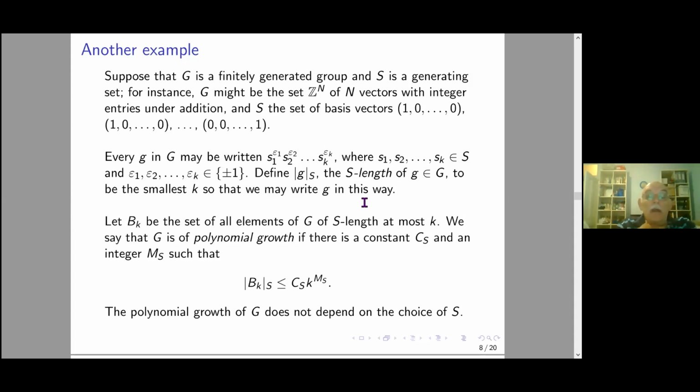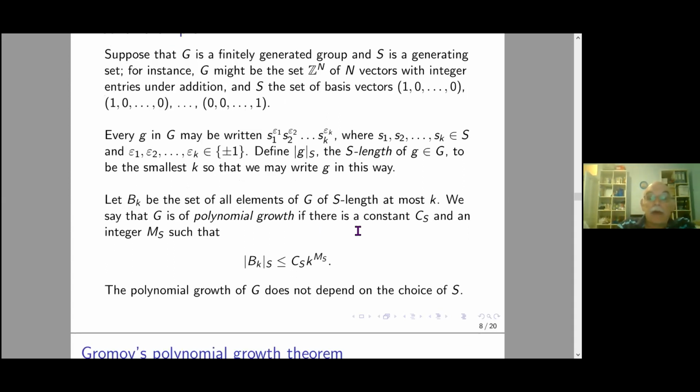So if I take the collection of all of the elements of G of length at most k, then I can think of that as being like a ball with center at the identity of the group and of radius k. If I count how many elements there are in this ball, there shouldn't be an S there, I'm sorry about that, then it can grow in different ways.